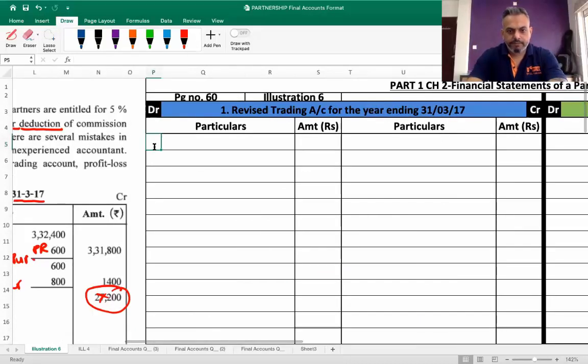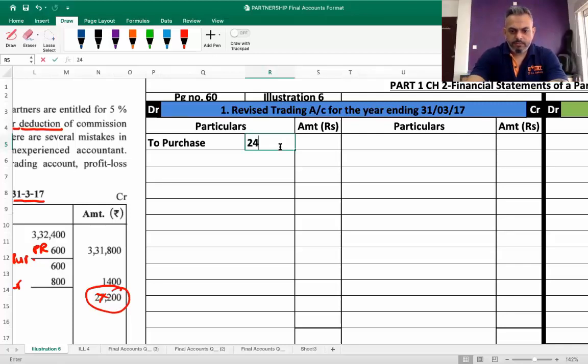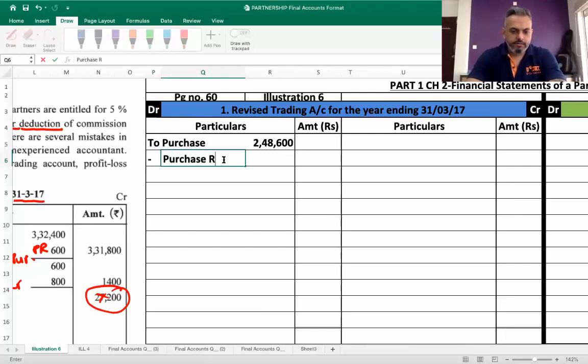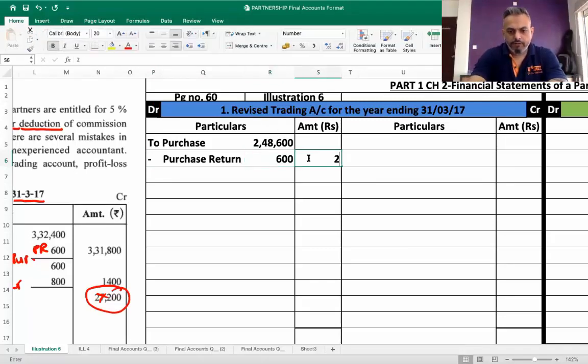2,48,600 to purchase. Less purchase return, or you can write goods return, debit 600, outer column 248.